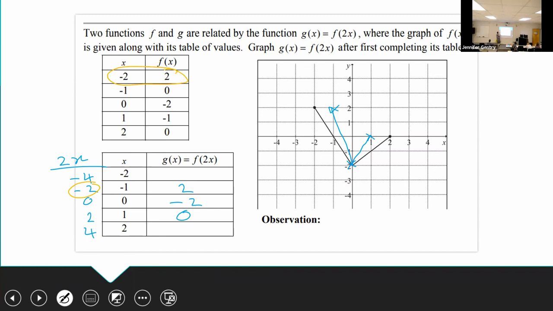Multiply it by 2 and I put it here. I take my multiply by 2, go back into my original table to find my g of x. Okay, so here, in particular, I got a -2. So -2 in here, I get +2. That's my answer, but my pair is -1, +2. Yeah? Is that better, Andrew?